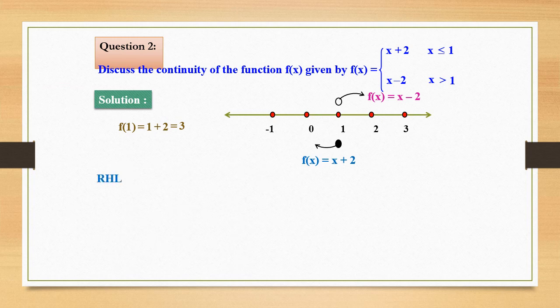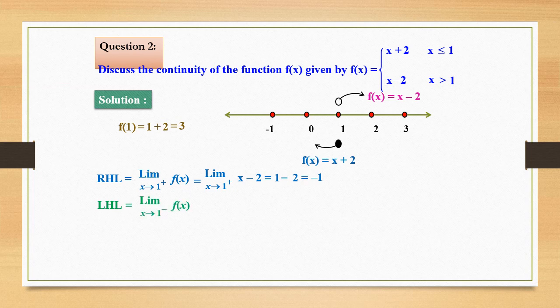Next we will calculate the left hand limit and right hand limit of the function. First we will consider the right hand limit, limit of f of x as x tends to 1 plus, which equals limit of x minus 2 as x tends to 1 plus. After substituting the limit we get 1 minus 2, which is equal to minus 1.